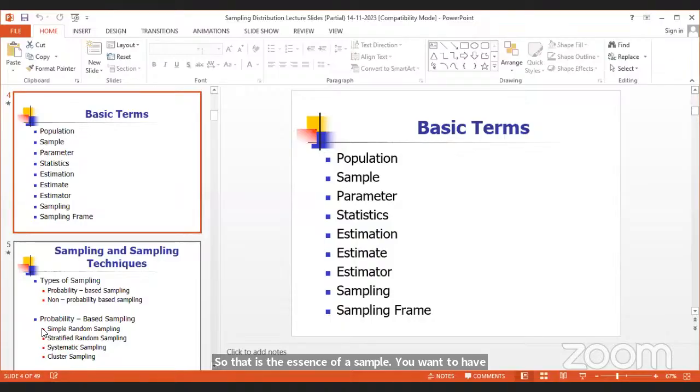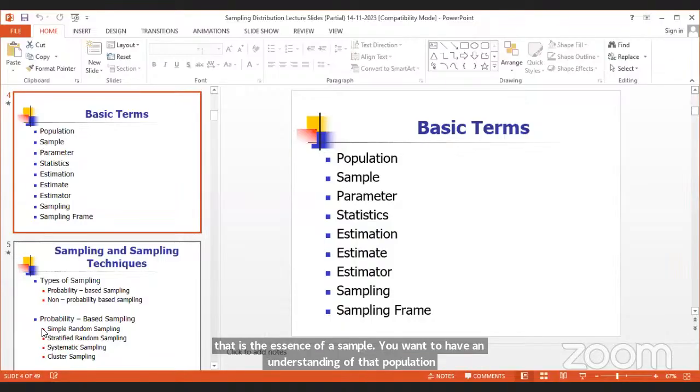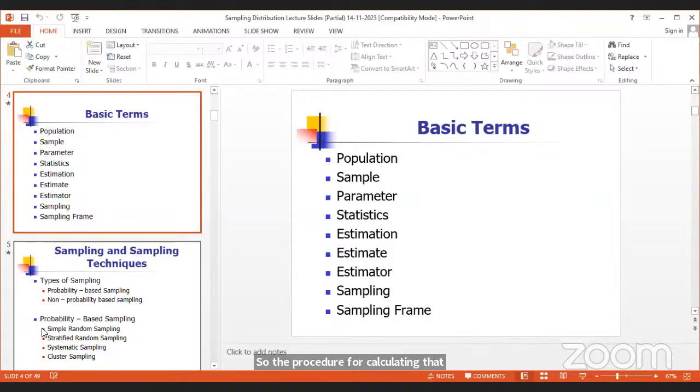So the procedure for calculating that is estimation. So we said that procedure could lead you to a single value or it could lead you to a range of values. If it leads you to a single value, what you have done is point estimation. Otherwise, if it leads you to a range of values, what you have done is interval estimation.